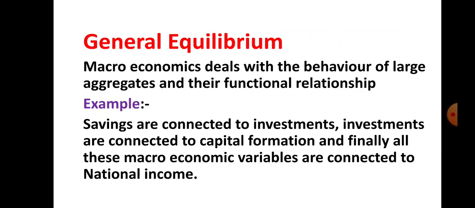Savings are connected to investment, investments are connected to capital formation, and finally all these macroeconomic variables are connected to national income. So general equilibrium means everything depends on everything else. It means all macroeconomic variables are connected with each other. There is an interconnection between them, that is known as general equilibrium analysis, and that is a very important feature of macroeconomics.